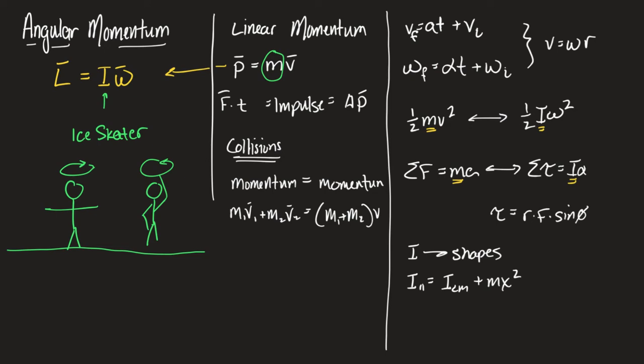So angular momentum is very much about how an object behaves when it's spinning. It's about resistance to changes in its motion, and it has some similar features to linear momentum, but has these differences as well.